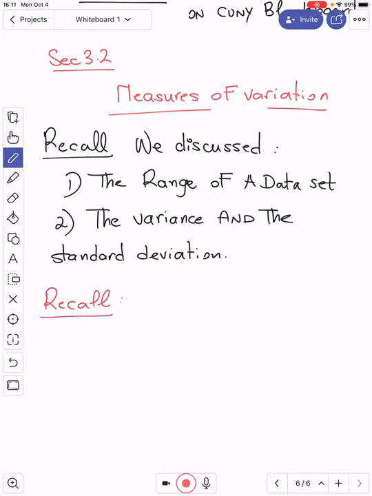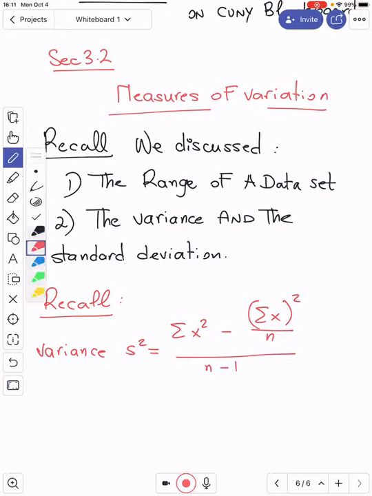So the variance, S squared, we said, is equal to the sum of the squares of the data values minus the sum of the data values squared over n, where n is the size of the sample, and then the whole thing divided by n minus 1.